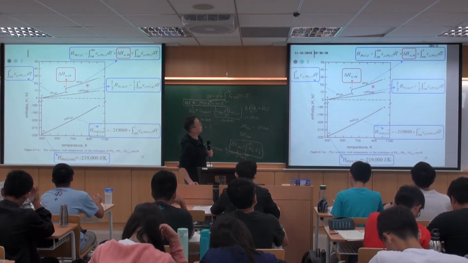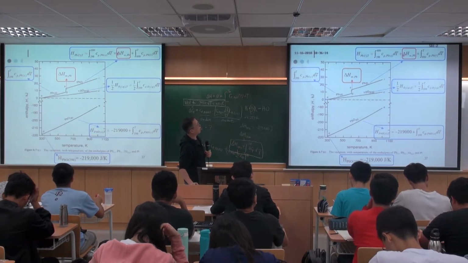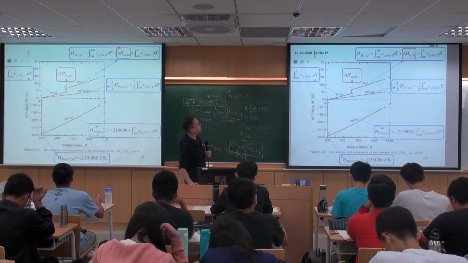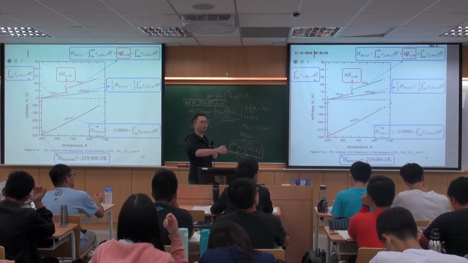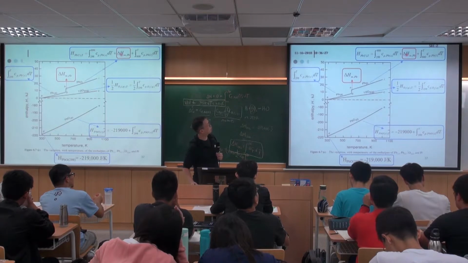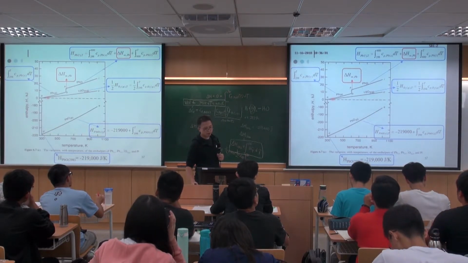So in order to calculate the trend along this line, you actually have to add the delta Hm. And also, you have to separate the Cp contribution into two, because you have that for the solid phase, and then you also have a different contribution for the liquid phase. So imagine that you start from here.